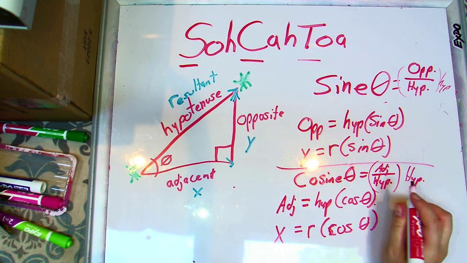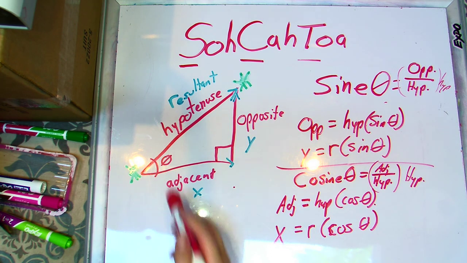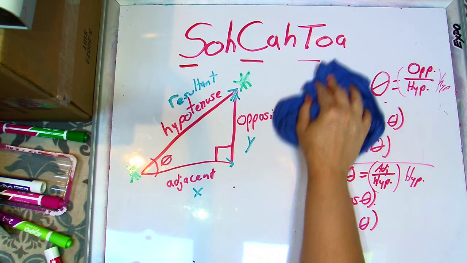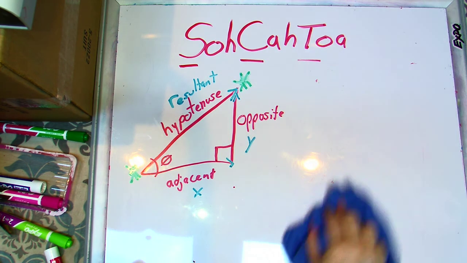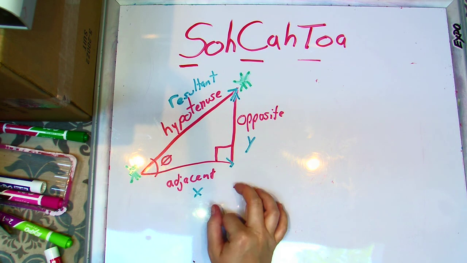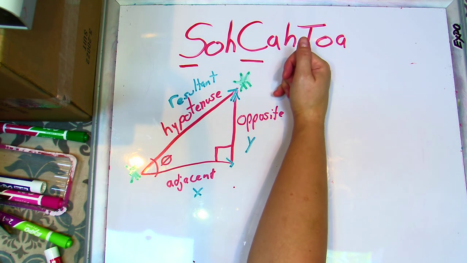All right. Well, what if we know x and y, but we don't know the hypotenuse and we don't know theta? So we know that the horizontal displacement was whatever that value is. We know what it is, and we know what the vertical displacement is.